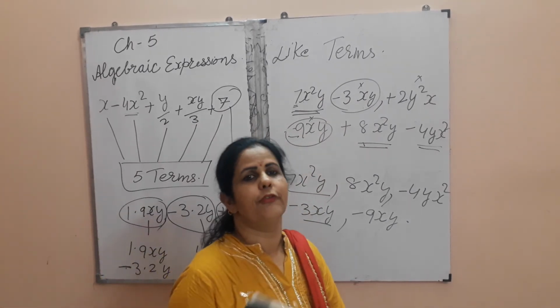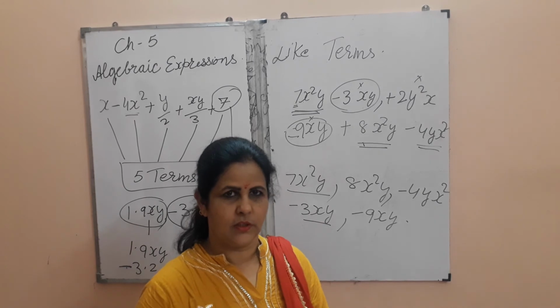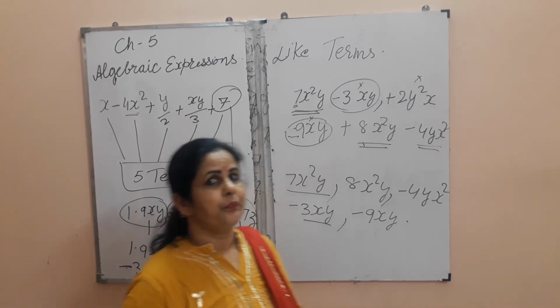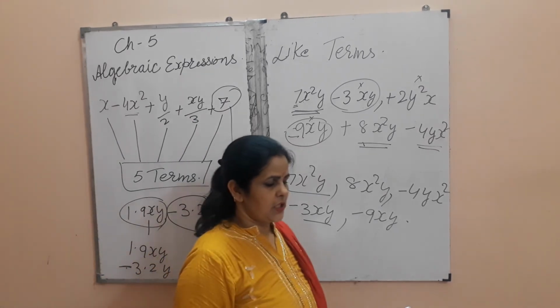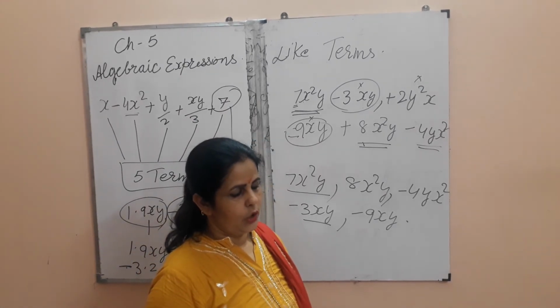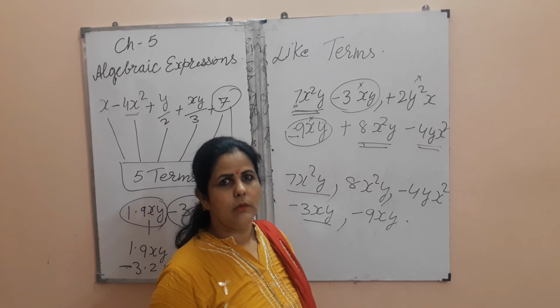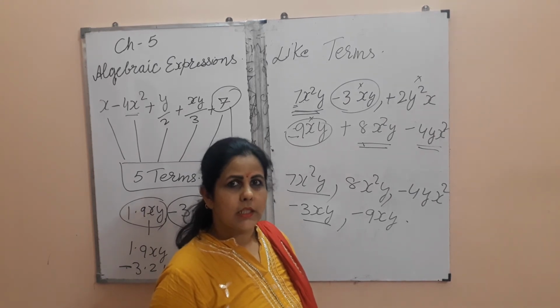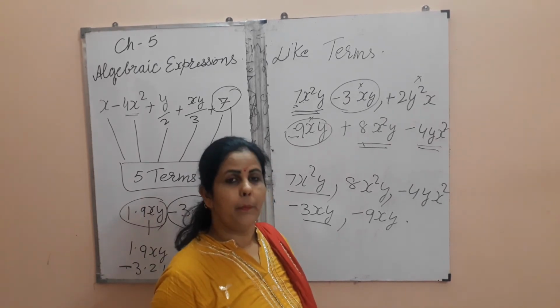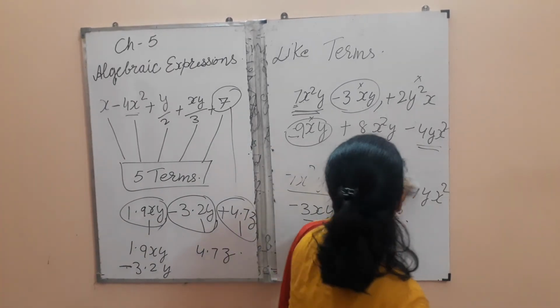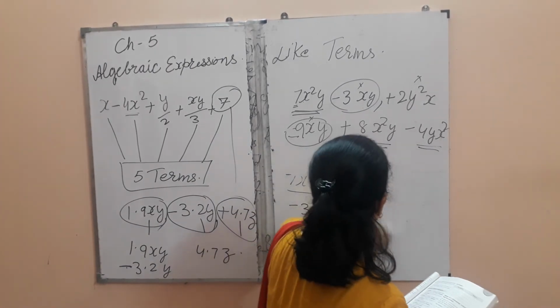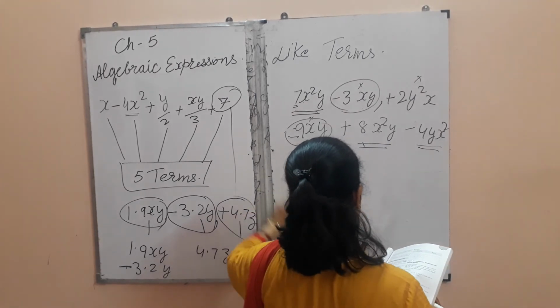Now types of algebraic expressions. This also you have done in the 6th class. An algebraic expression which contains only one term is called a monomial expression. 2 terms, binomial expression. 3 terms, trinomial, and more than 3 terms is polynomial.